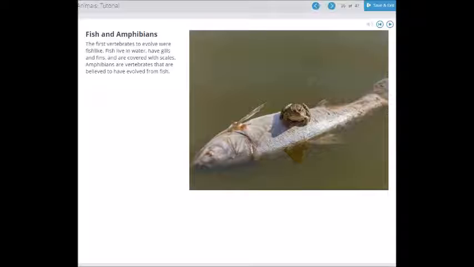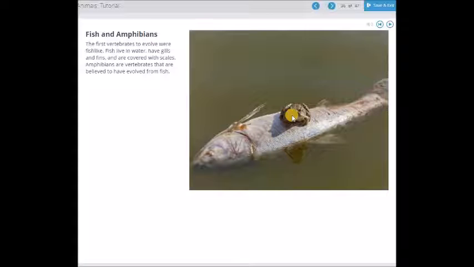Coming out of those chordates that we were looking at a little while ago, those pseudovertebrates, they turned into fish. Some of the first vertebrates were fish. They live in water. They have gills and fins, and they're covered in scales. Amphibians are vertebrates that are believed to have evolved from fish.